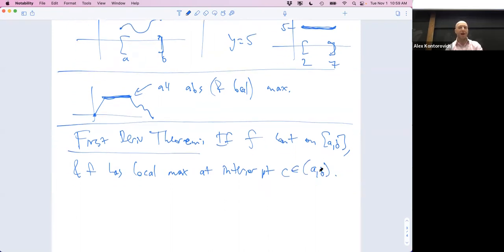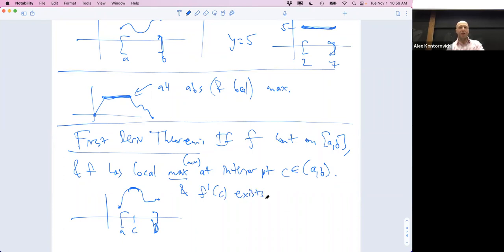Let's worry about the max version of the statement, but there's an equivalent statement for min. If f is continuous on a closed interval a to b, and it has a local max, and let's say f prime of C, at this point C where it has this local max, exists.